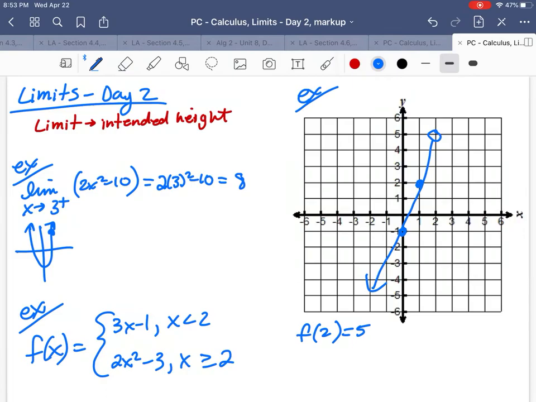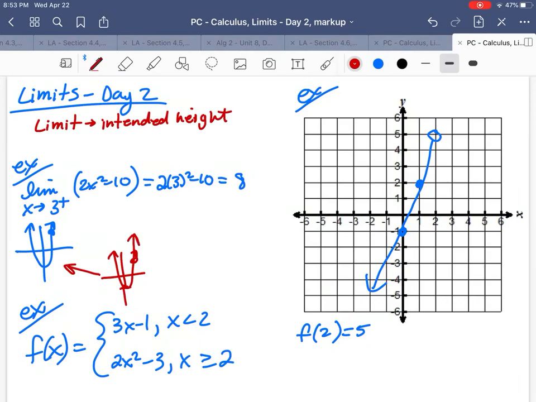All right, now everything to the right of 2 and 2 itself, I'm supposed to use the second function, 2x squared minus 3. Well, 2x squared minus 3, if you think about it, kind of looks like this picture a little bit. It touches down here at negative 3, and it has 2x squared, so it's kind of a skinny parabola. By the time it gets up over here to the point 2, 5, it's going almost straight up.